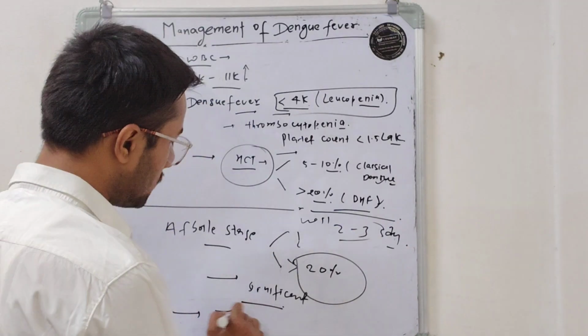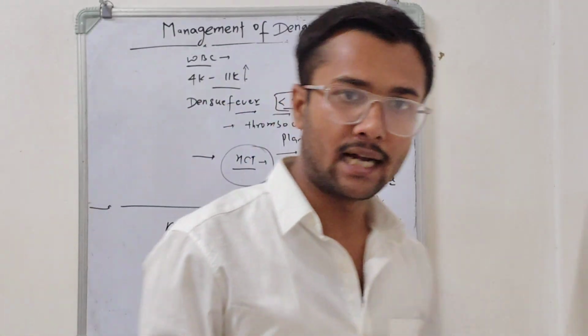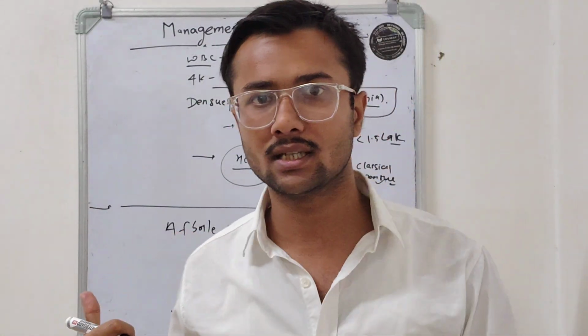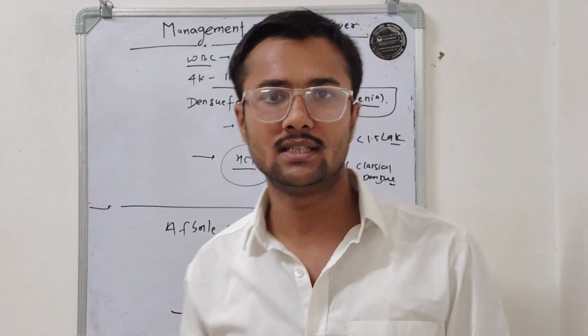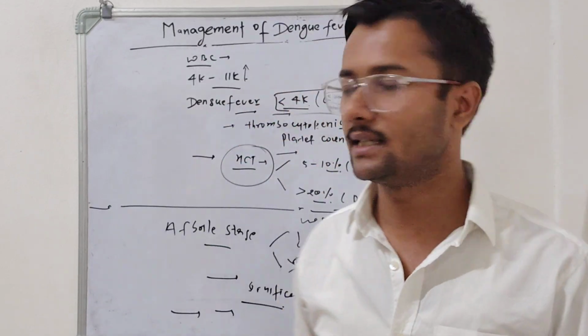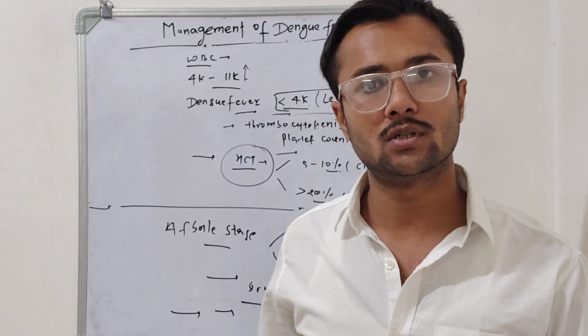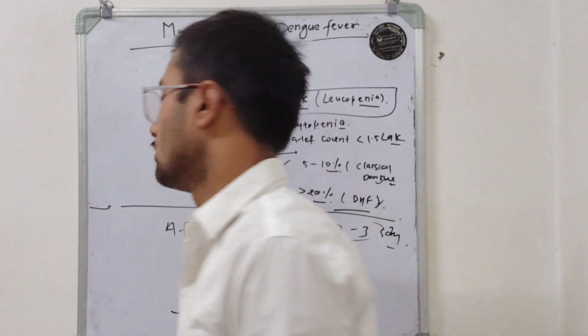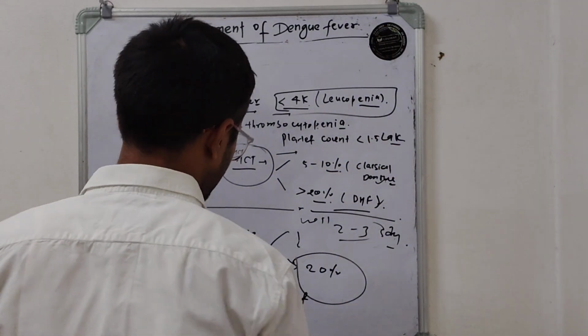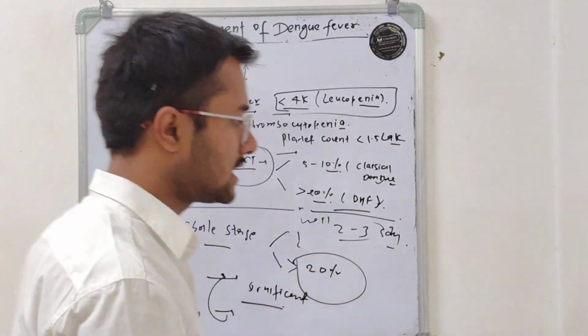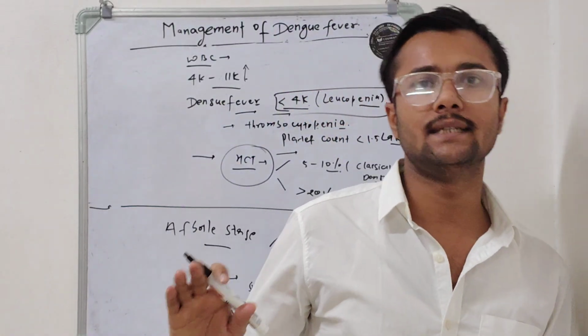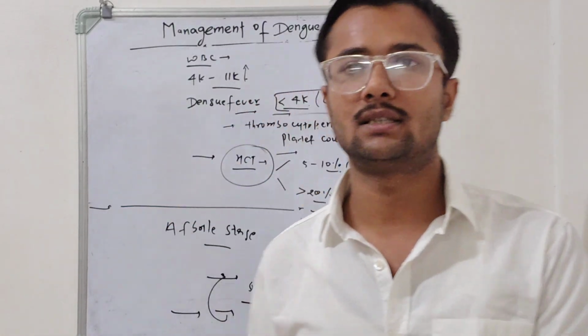So these things we have to do after the febrile stage. We can't do these in the febrile stage because there is no significant plasma leakage then, so your test reports will be negative. What I am telling you is that we go for the chest X-ray and ultrasound only after the febrile stage.